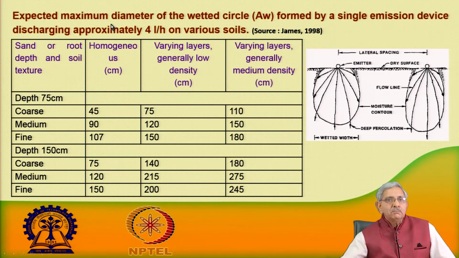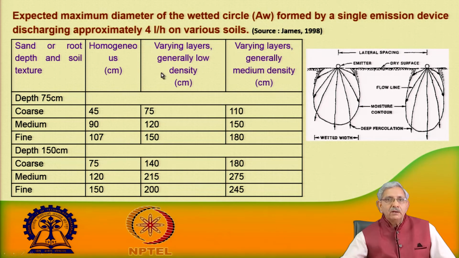The maximum diameter of wetted circle that is formed by a single emitter device when it is discharging about 4 liter per hour for various soils: you can see here, if it is a homogeneous coarse soil, the water movement is 45 centimeter.